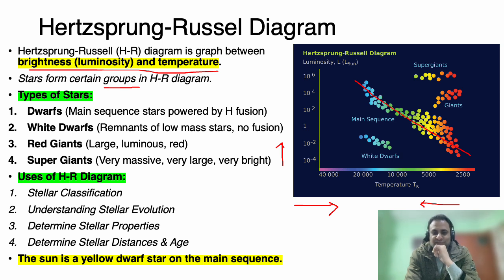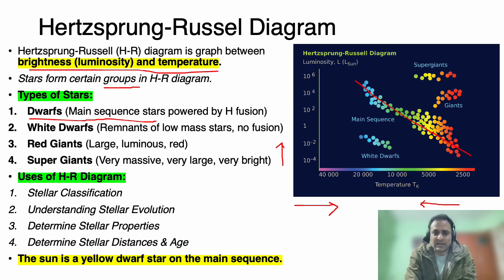It's almost a straight line, and these are called main sequence stars, or we also call them dwarfs. The dwarfs are main sequence stars, and they produce energy mainly by hydrogen fusion in the center of the star.